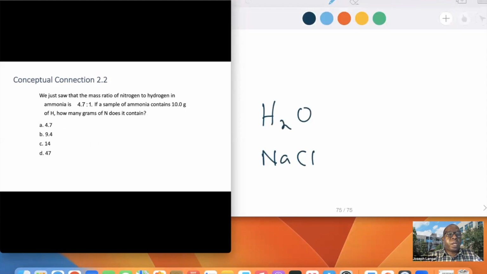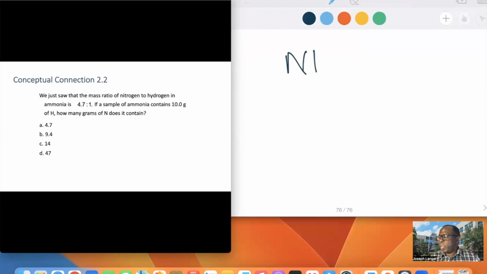law of definite proportion, we just saw that the mass ratio of nitrogen to hydrogen in ammonia, NH3, is 4.7 to 1.